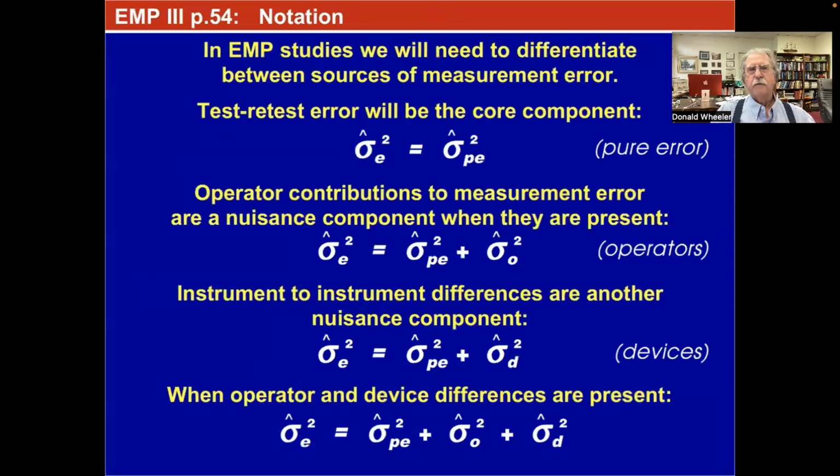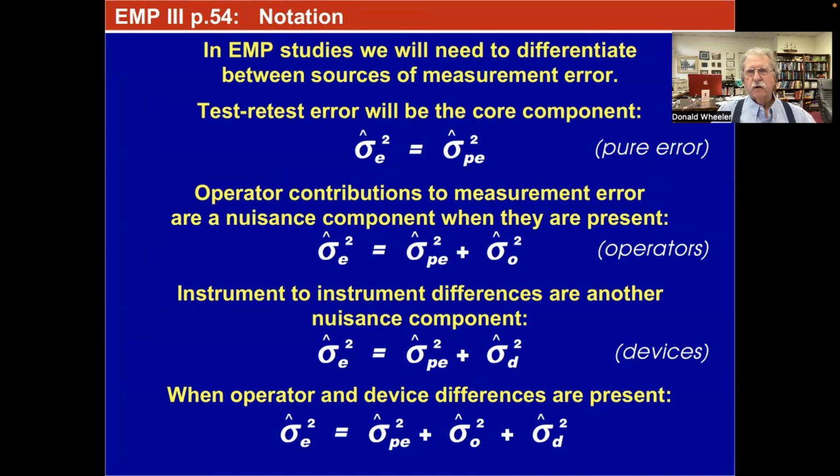In an EMP study, we will need to differentiate between sources of measurement error. Up to this point, it's just been measurement error, generic and undifferentiated. Now we're going to start talking about the components of measurement error.